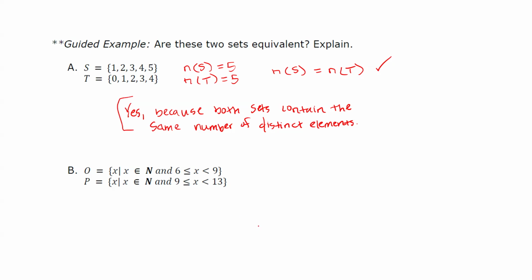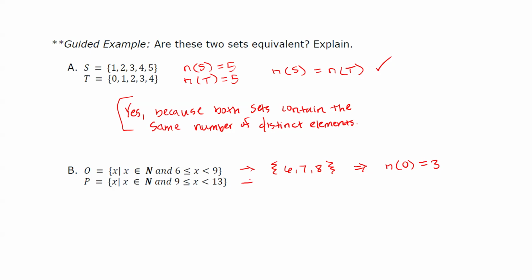And B. We have set O and set P. Set O says all x values such that x is an element of the natural numbers and x is greater than or equal to 6 but less than 9. Using the roster method, set O would consist of the numbers 6, 7, and 8. So the cardinal number of set O equals 3.